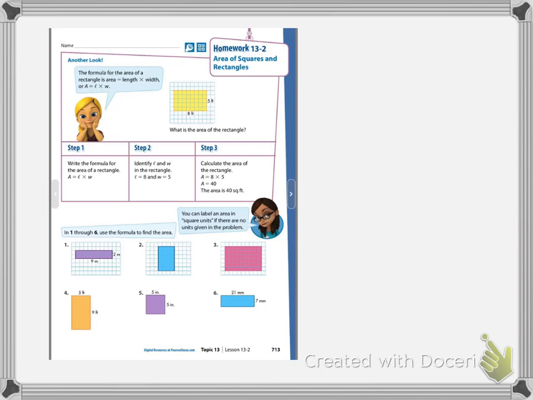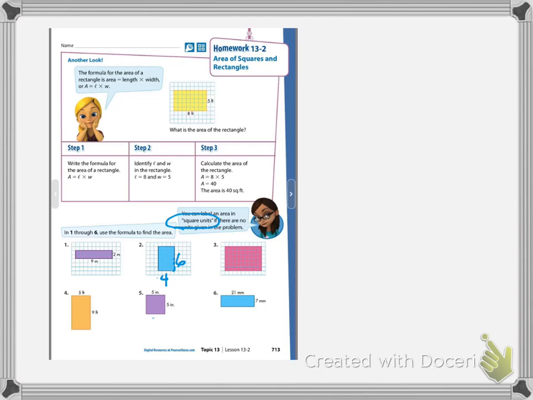But here on number 2, they didn't. But if you count how many squares, you've got 1, 2, 3, 4 squares. So this would be 4. And you've got 1, 2, 3, 4, 5, 6. This would be 6. It doesn't give you a unit, so you can use this word right here, square units.